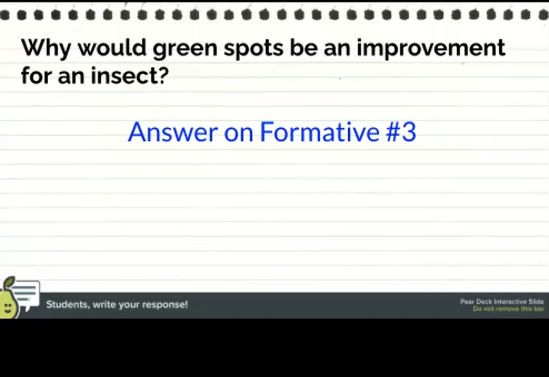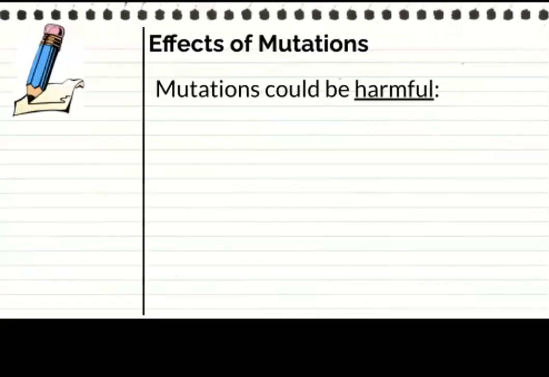Yeah, right. So those green spots are more likely going to help it survive. It could camouflage, it could hide. Maybe it scares off predators. It thinks it's extra poisonous. So a mutation could be helpful for an organism. It could also be harmful.